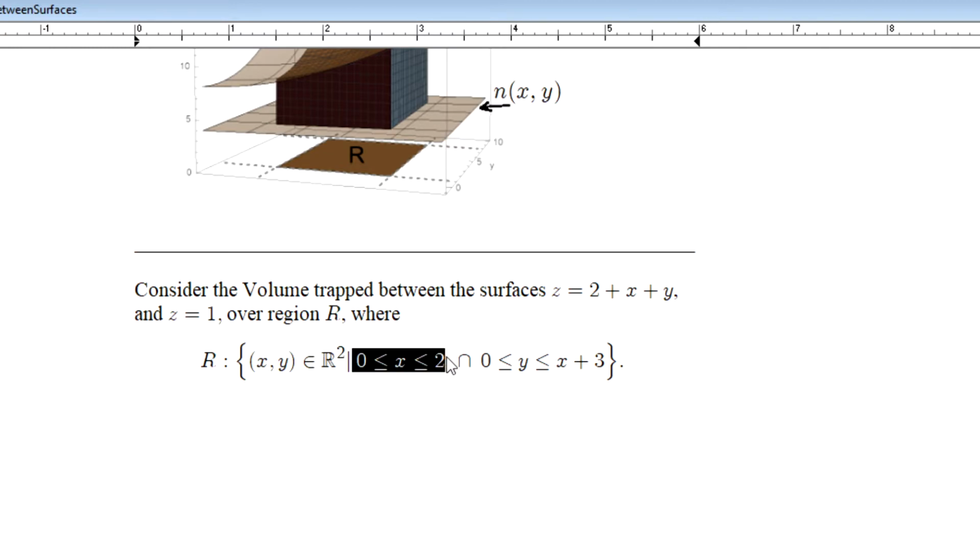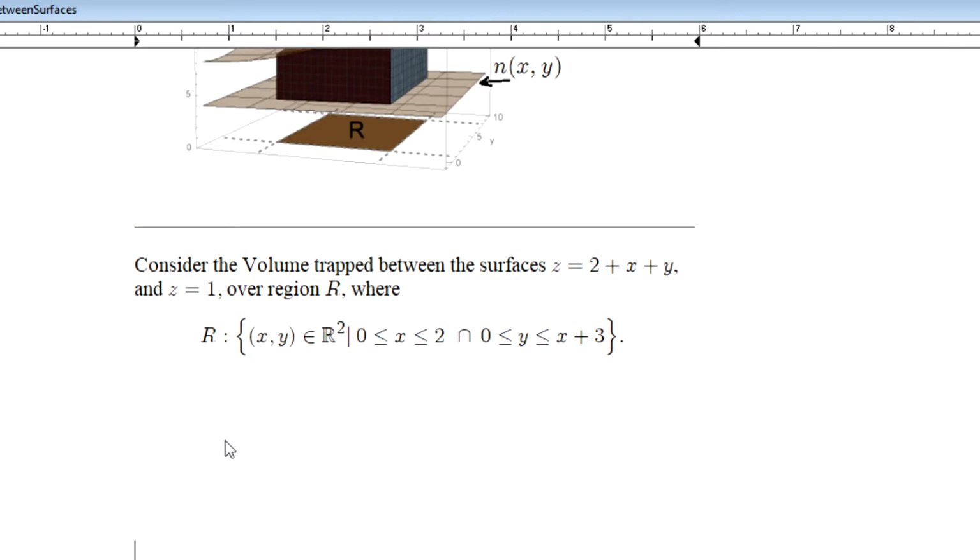If x is always a number between 0 and 2, and y is a value between 0 and x plus 3, meaning y will be somewhere between 0 and 5 in value, dependent upon what x is, then 2 plus that x value plus that y value will always be greater than this value of 1. 2 plus any positive values are certainly going to be greater than or equal to 1.